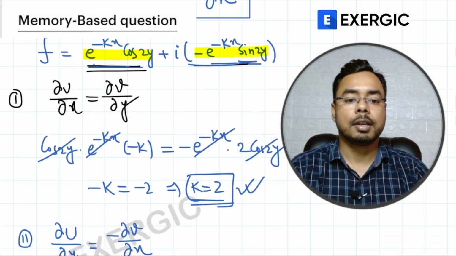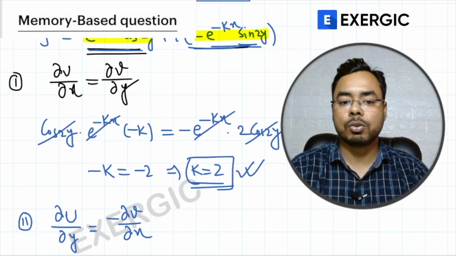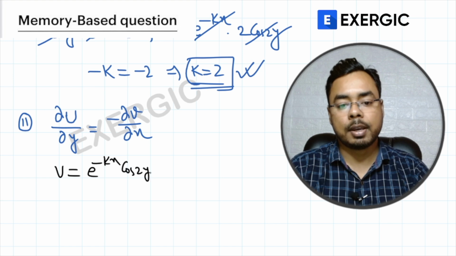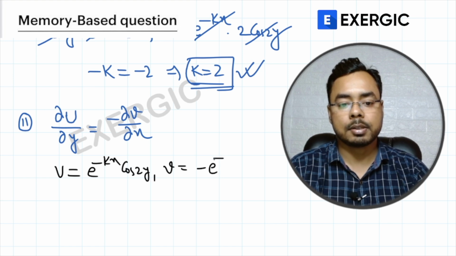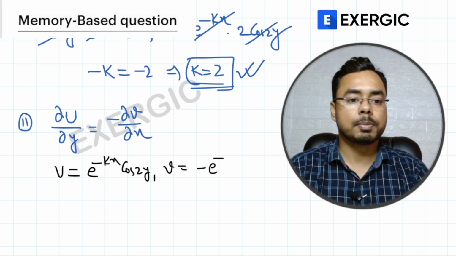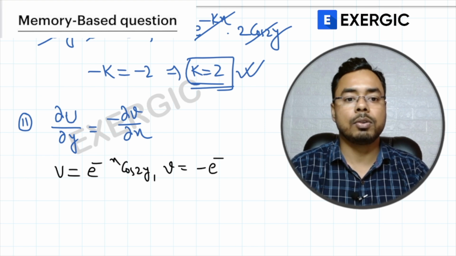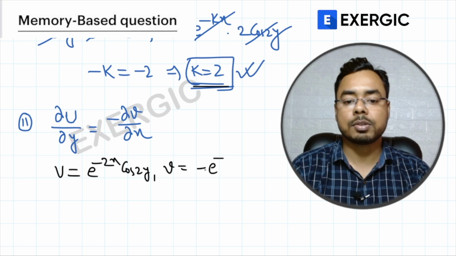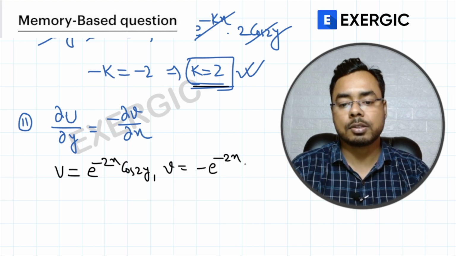So u is e to the power minus 2x into cosine 2y, and v is e to the power minus 2x into sine 2y.